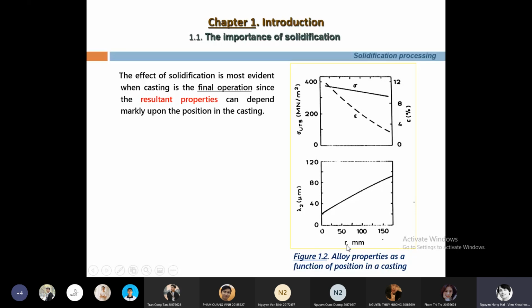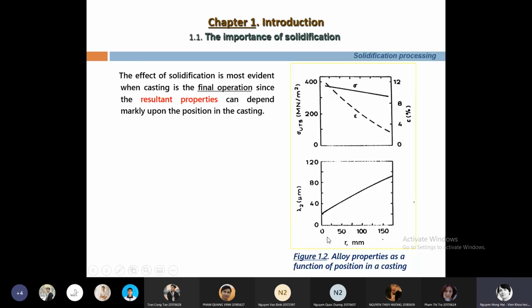And you can see the larger the dimension of the component of the casting, the coarser the microstructure. And microstructure is represented by this parameter. It's the secondary dendritic spacing, denoted as lambda 2 and measured in micrometers.